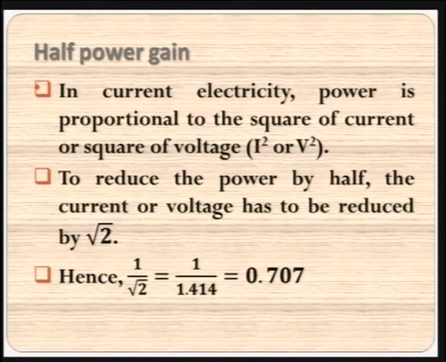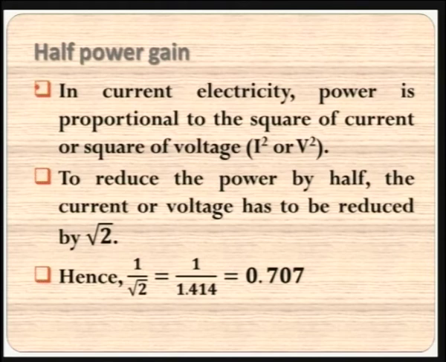To reduce the power by half, the current or voltage has to be reduced by the root 2 value, because already I square or V square are in the numerator. So, if we reduce the I value divided by root 2 or V value by root 2, then the whole value, the power will be reduced by half. Hence, the root 2 comes.